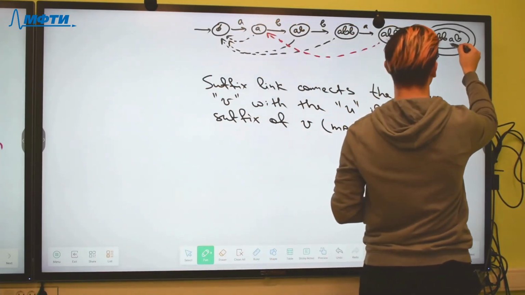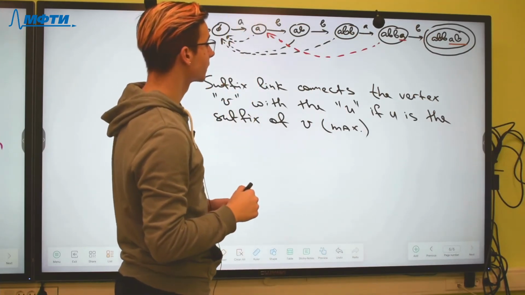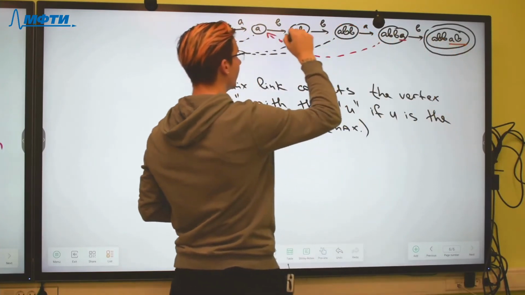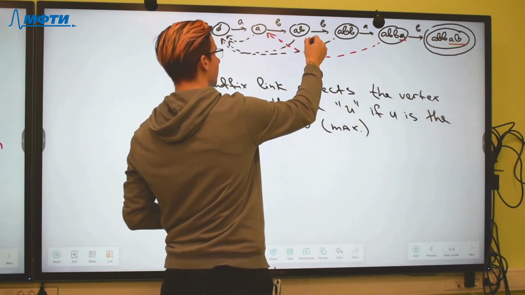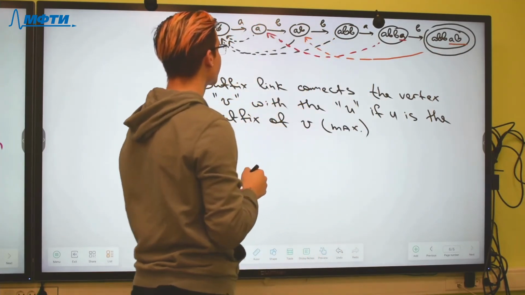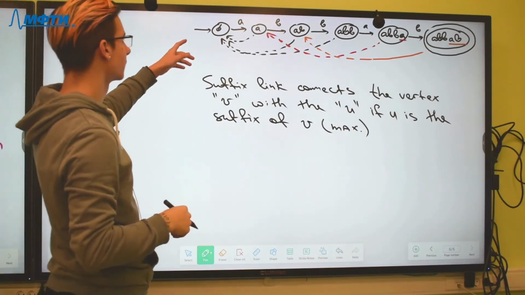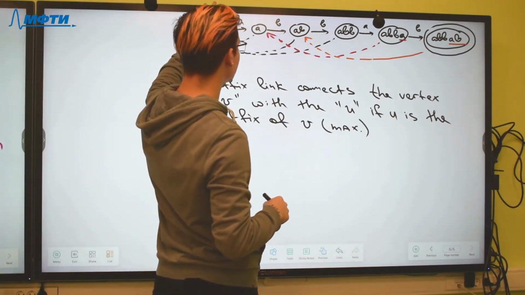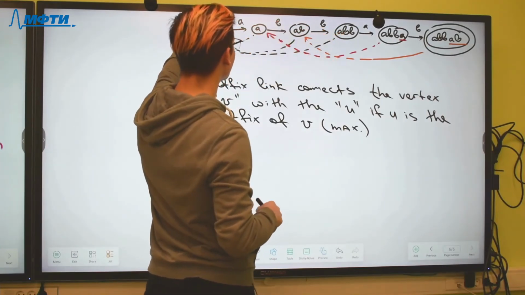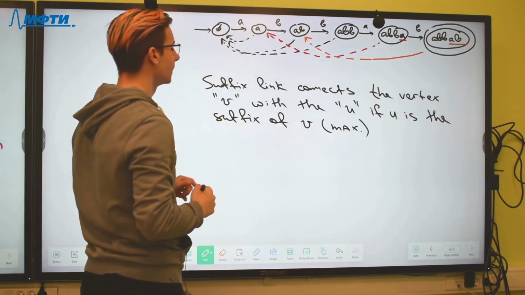And here I find these two characters, A, B, that is the prefix of x, so I connected it with this vertex. And then we have a finite automaton with the edges with characters A, B, and the suffix links.